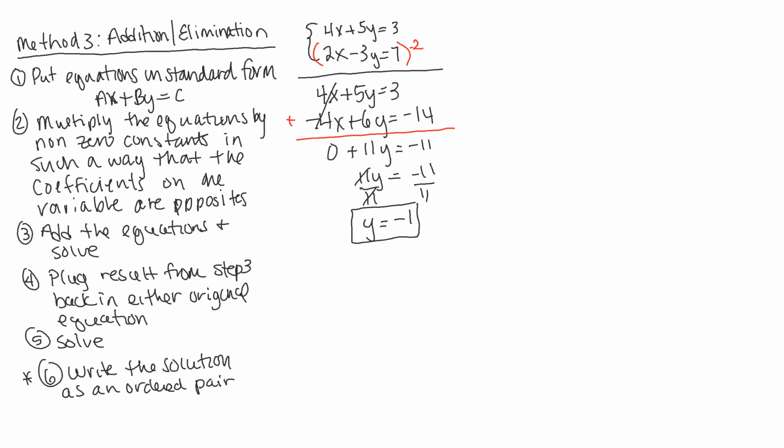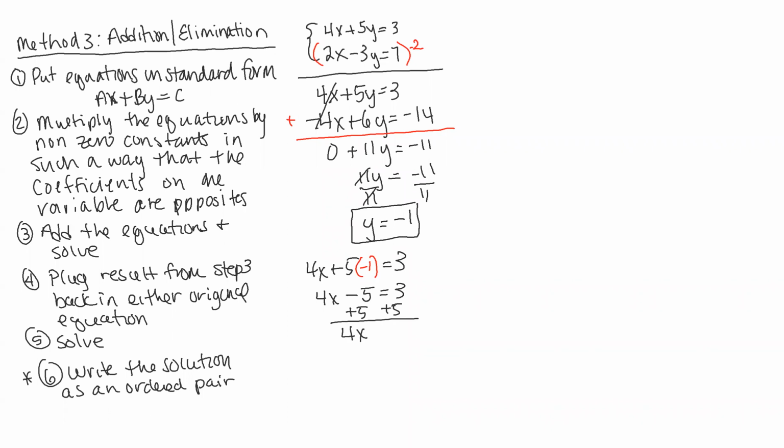So let's say we use the first equation. So I get 4x plus 5y, but y we're saying is -1. So that's going to give me 4x minus 5 equals 3. 5 times -1 is -5. I want to get the 4x alone. The way I would do that is I would add 5.